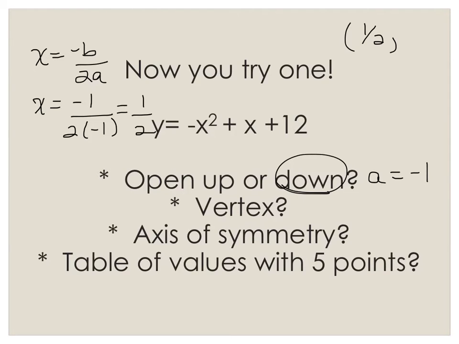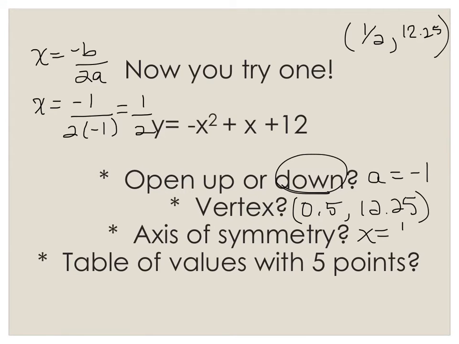To find the y, we're just going to replace the x with 1/2, and that will give us our y, and that gives us 12.25. So our vertex is 1/2, 12.25. Now what about our axis of symmetry?